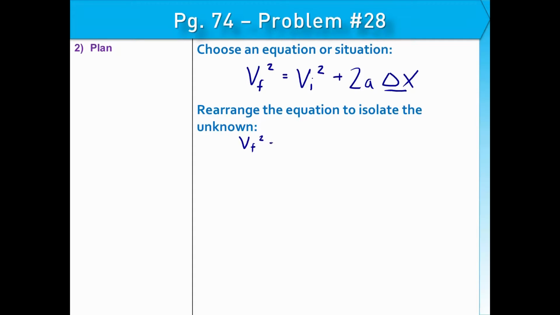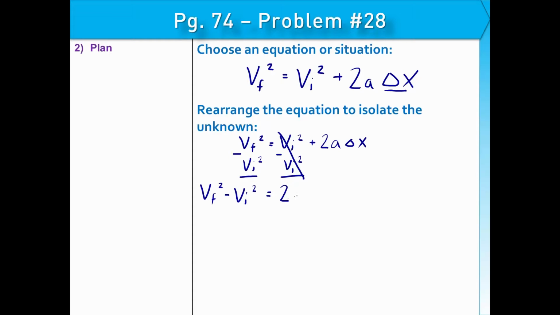Final velocity squared is equal to initial velocity squared plus 2 times acceleration times displacement. The first thing I would do is subtract the initial velocity squared from both sides. This will cross out.